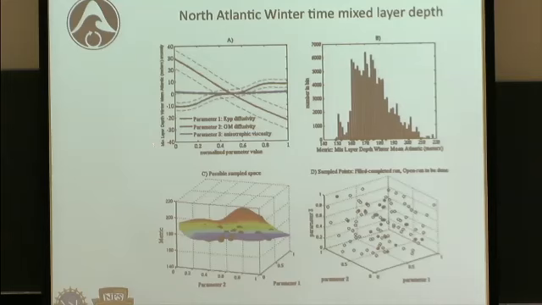We can look at how changing these parameters influences the solution. For this solution of mixed layer depth, it's primarily the GM diffusivity, represented by the red line, and then there's some influence by the black line, which is the KPP.